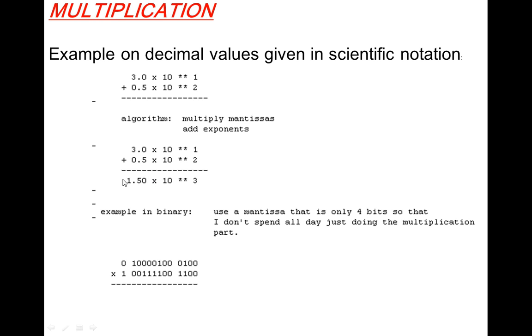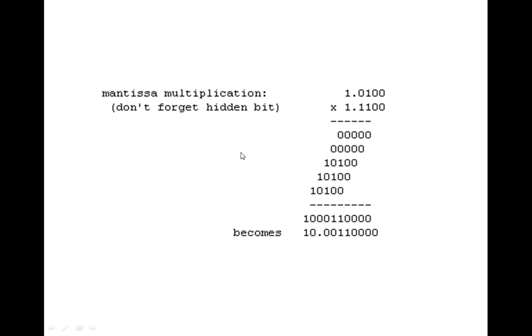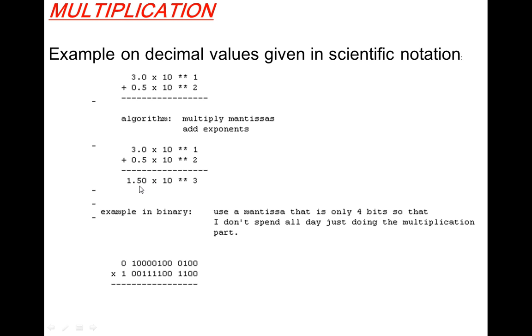This is the mantissa part, giving 1.50 times 10 power 3. Then add the exponents. This is the exponent part: 2 plus 1 is 3, and I multiply the mantissas to get 1.50.